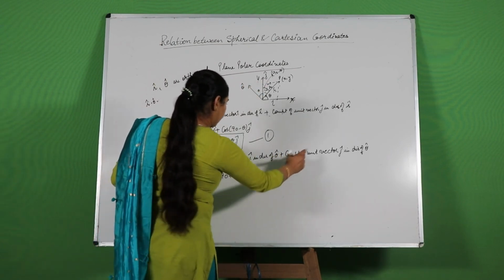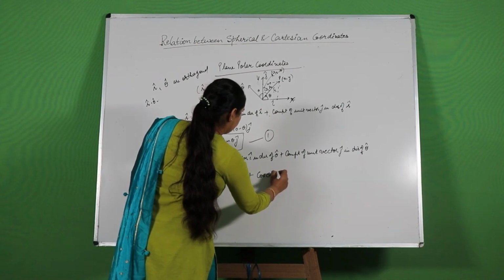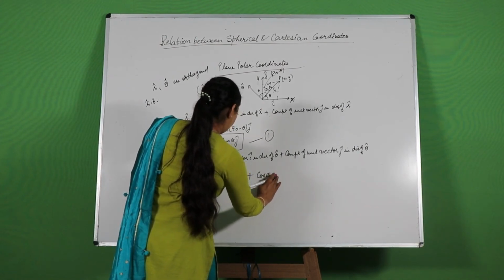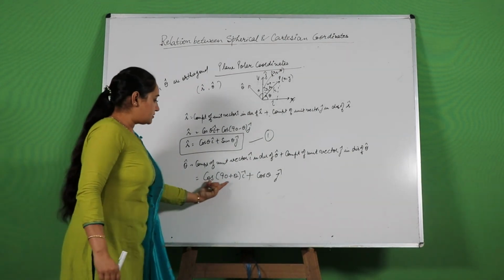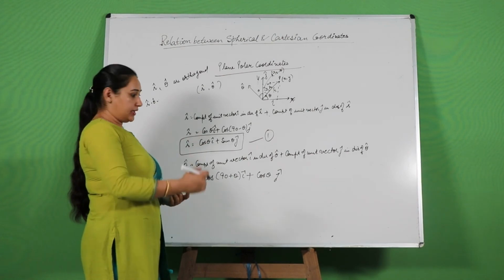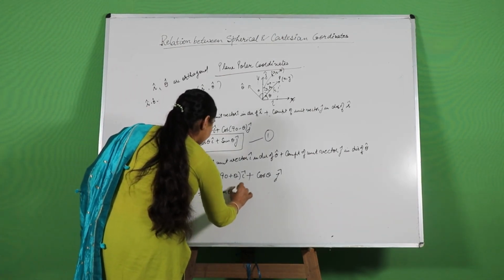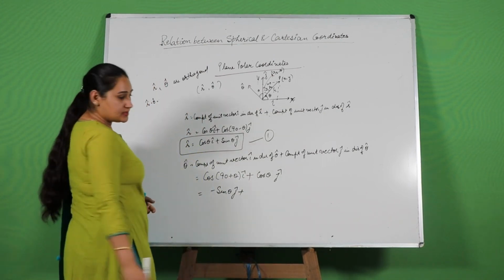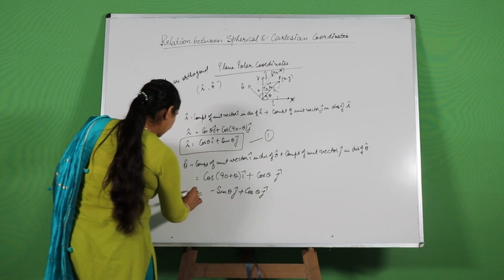So it will have cos theta into j cap. Now cos(90 plus theta), it is moving on to the second quadrant. So minus sin theta i cap plus cos theta j cap.